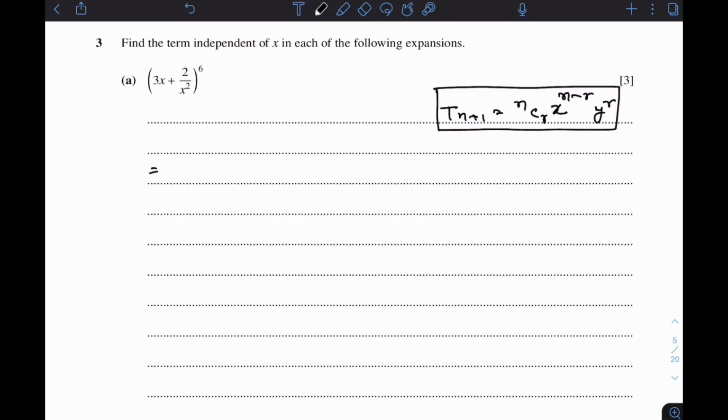That is (3x)^6 plus 6C1 (3x)^5 then (2/x^2). Then we can write 6C2 (3x)^4 (2/x^2)^2.